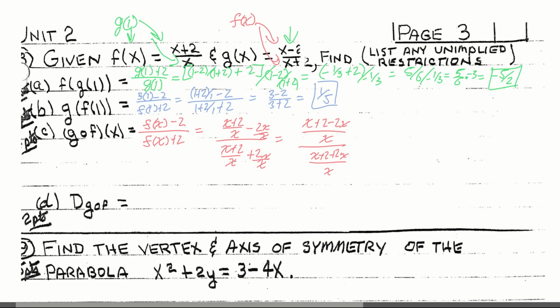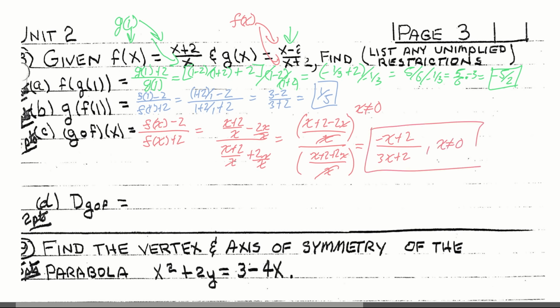You have an x in the denominator of each function here. So you're able to cancel out your x, and when we do that, we note that x cannot equal 0. And then when we continue, we're going to simplify the numerator and denominator further. We're going to get negative x plus 2 over 3x plus 2, where x cannot equal 0. So that is our function.